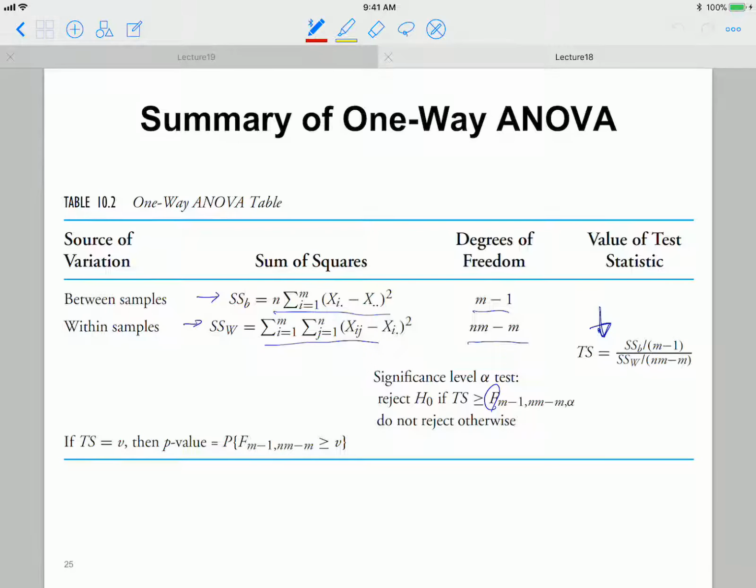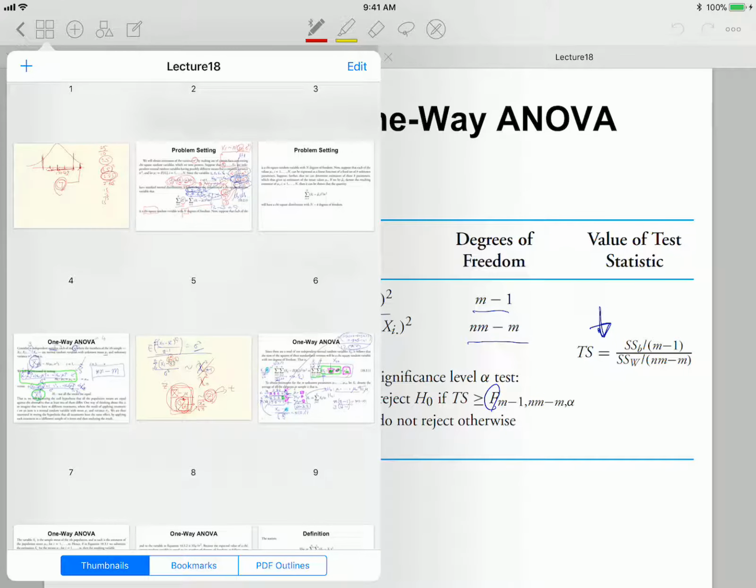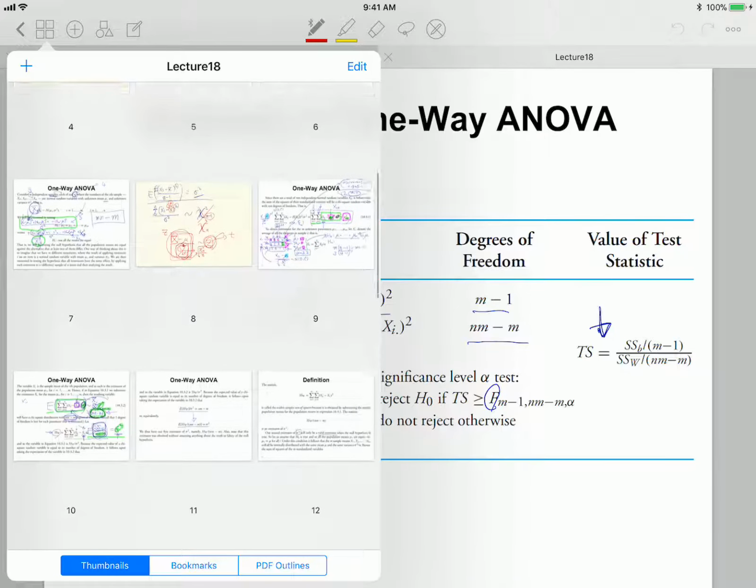Okay, so again, our main setting here is, let's see.